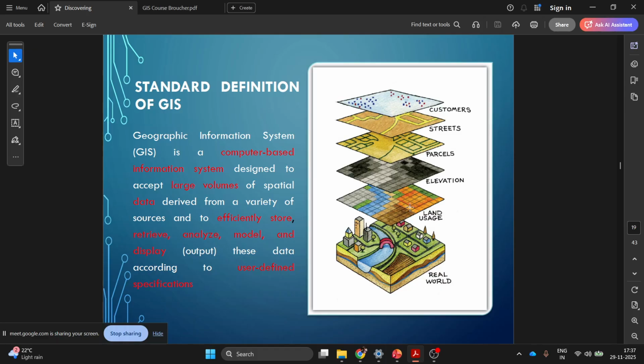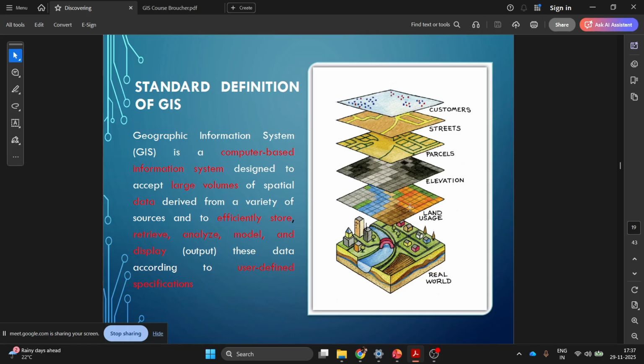Whatever examples I gave are just five or six, but in a particular location you can store more than 200 data sets associated with that location, derived from a variety of sources. We are dealing with lots of data, right?